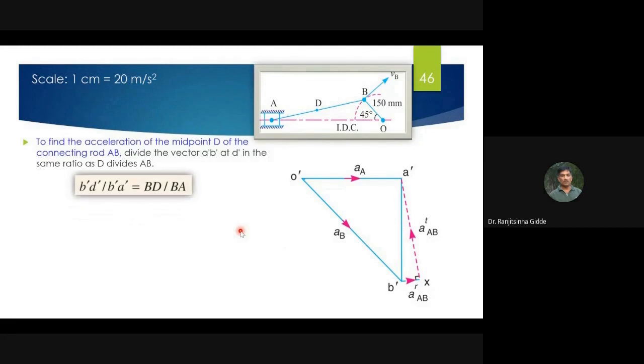Or simply as a procedure we can write B dash D dash divided by B dash A dash is equal to BD by BA. So from this we can have the value of BD. So this is actually not required in such numericals. D midpoint आहे म्हणल्यानंतर इथे एक midpoint घ्यायचा आणि that is nothing but the D point.